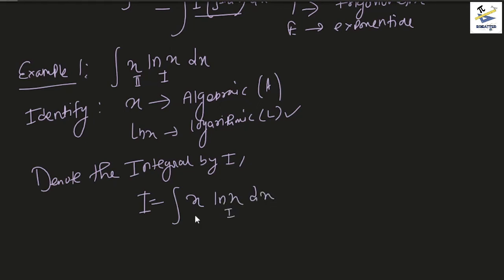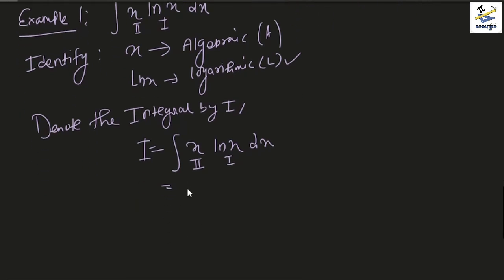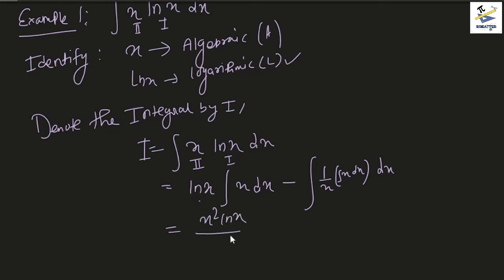Given that we are denoting log x as the first function and x as the second function, we should have the first function times the integral of the second function, minus the integral of the derivative of the first function, which is just 1 by x, times the integral of the second function. So the integral of x dx is just x square by 2, right? So it should be x square ln x by 2 minus, we have already found the derivative of log x, which is 1 by x, and again the integral of x is x square by 2.